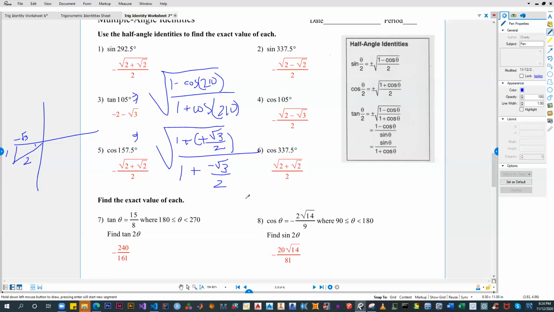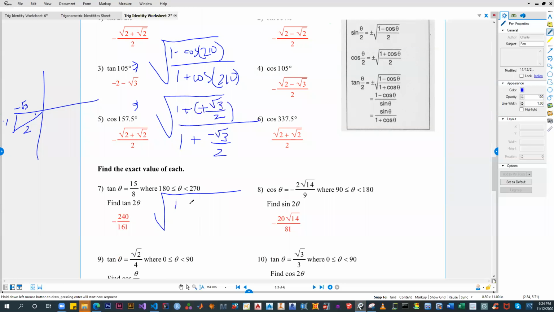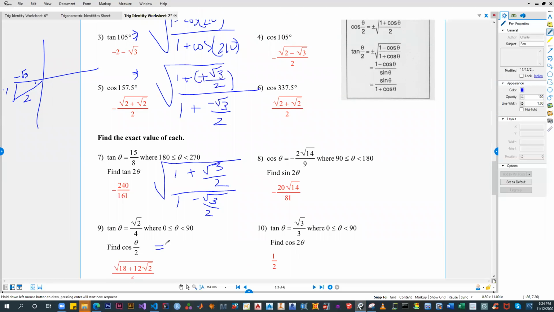And then I guess after you simplify this, you times it by the bottom, so the reciprocal of the bottom. So that's 2 plus root 3.